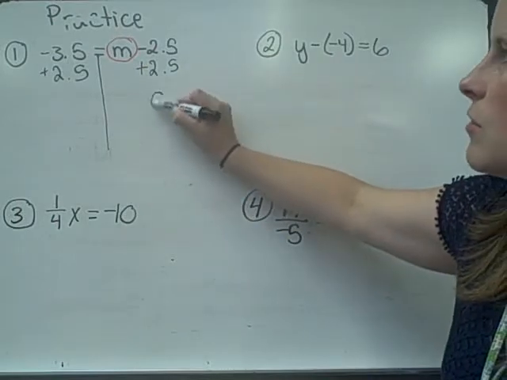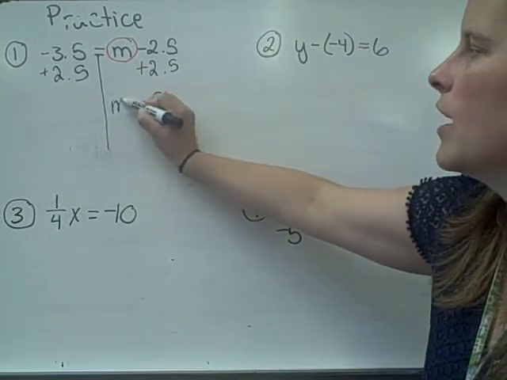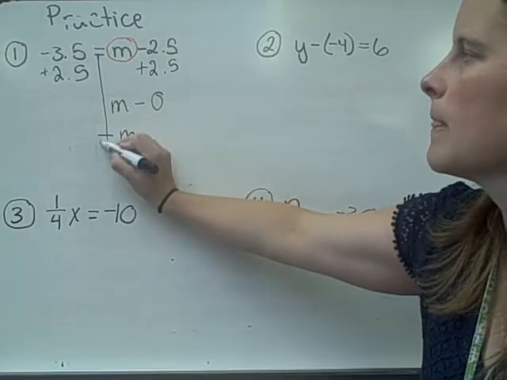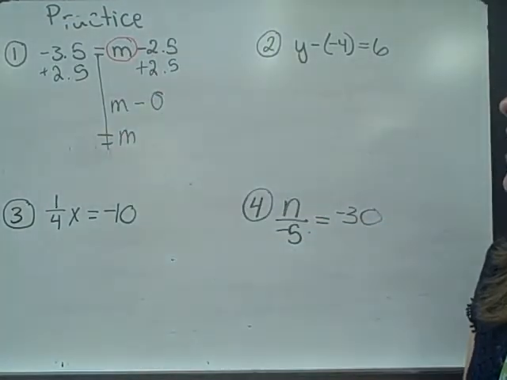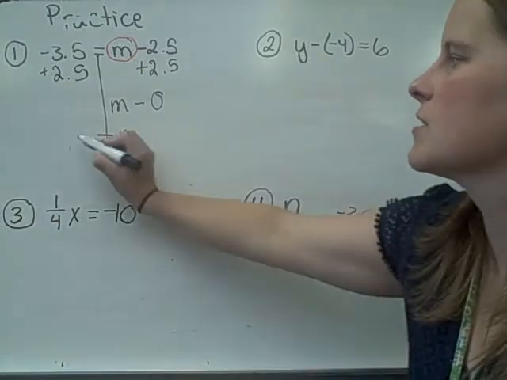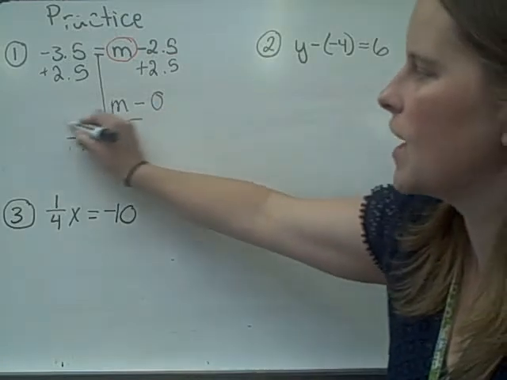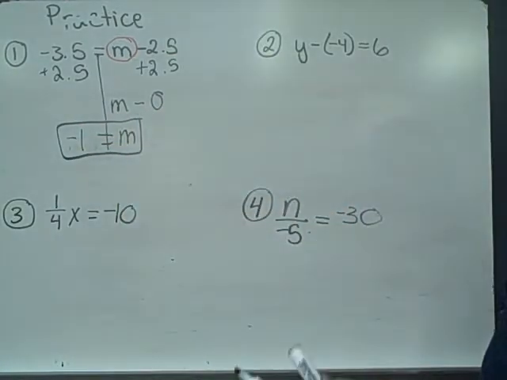So this would equal 0. So we would have m minus 0, which is what we want, because that's just m. And then -3.5 plus 2.5 is going to give me a -1. Okay, so my solution would be m equals -1.